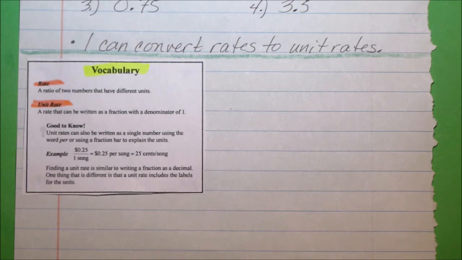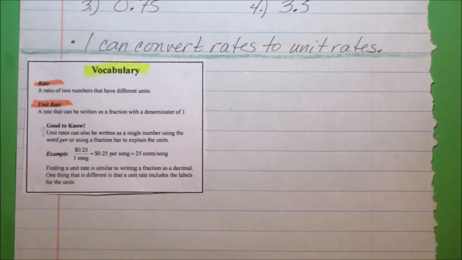And that's what we'll be doing. We'll be bringing those kinds of things down to a unit rate, a rate of 1, unit meaning 1. So we can figure out if it's this much in my rate, well, how much would it be if it was only 1? And that's what they mean by that 1 in the denominator. And you'll see it in our examples.